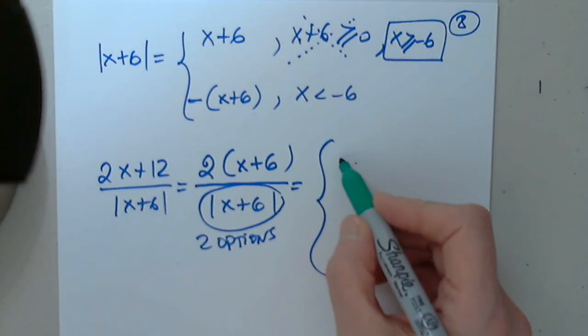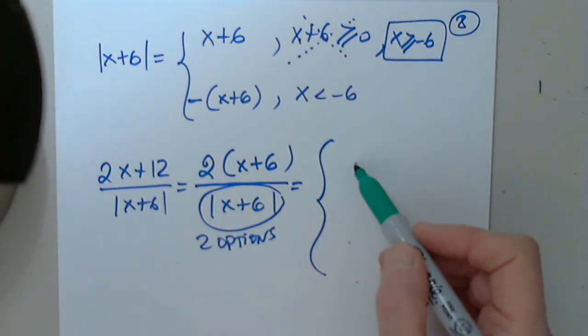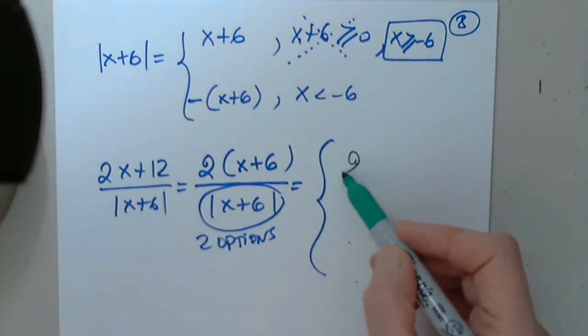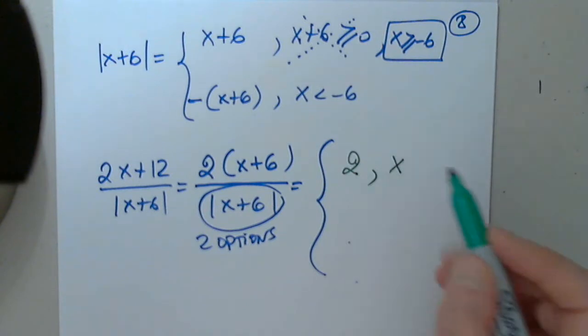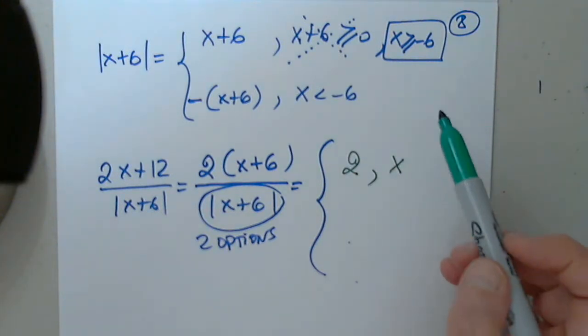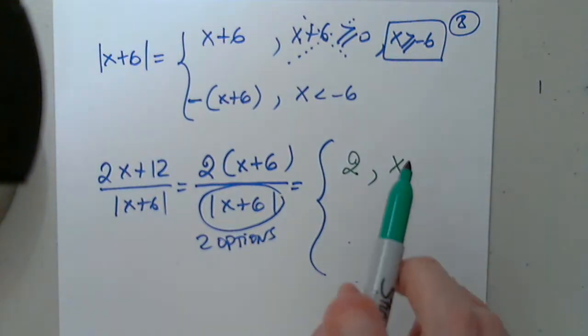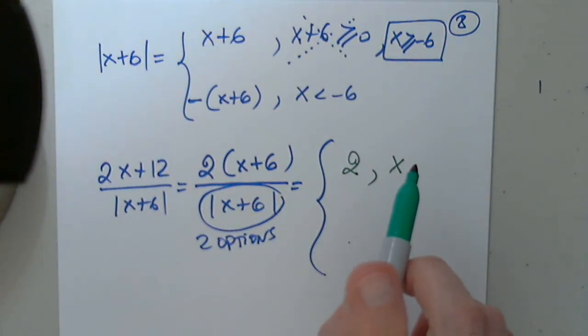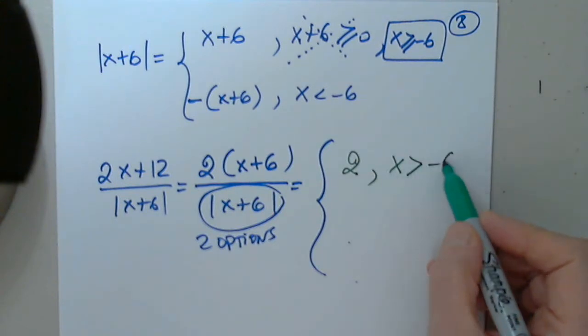One of your options would be 2 times x plus 6 over x plus 6, which is 2, for x greater than or equal to -6. Careful, there is a catch. Can I put -6 in here? No. Greater than -6, good.